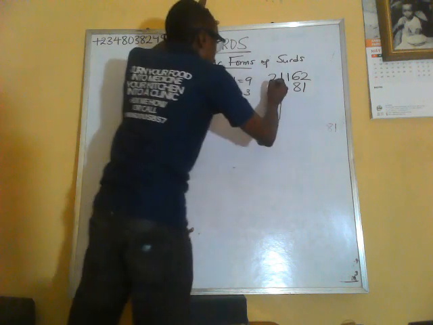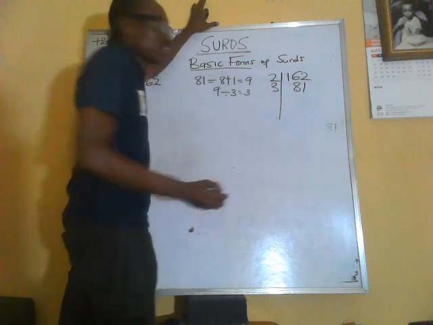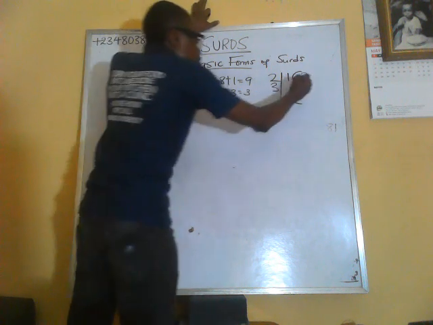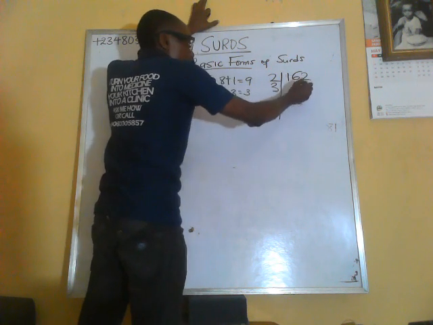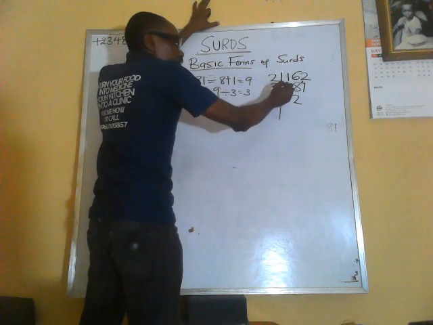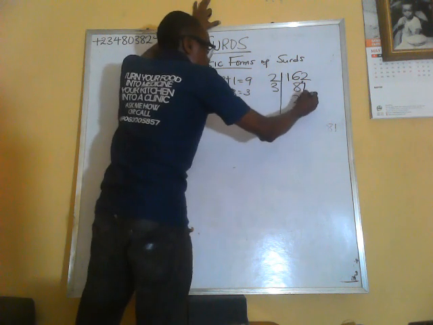So we use 3 now. How many times can 3 go in 8? 2 times, remainder 2. So that remainder 2, you combine it with this 1, giving you 21. So 3 in 21. 3 times 7 is 21. So 3 in 21 is 7.